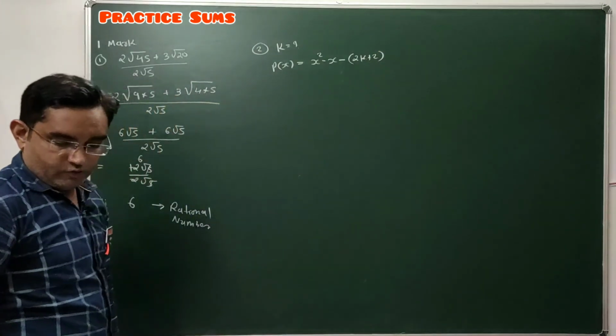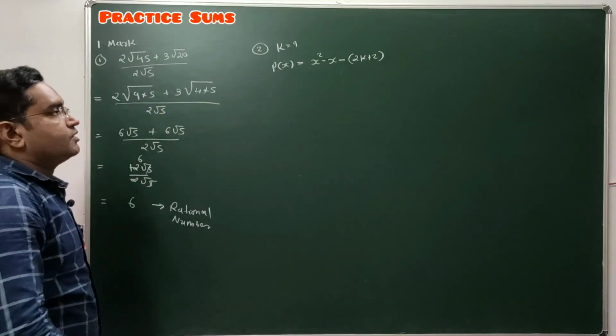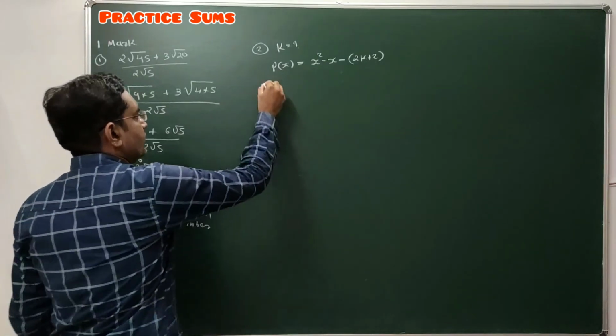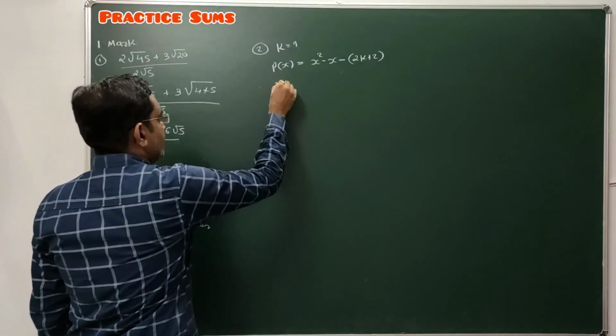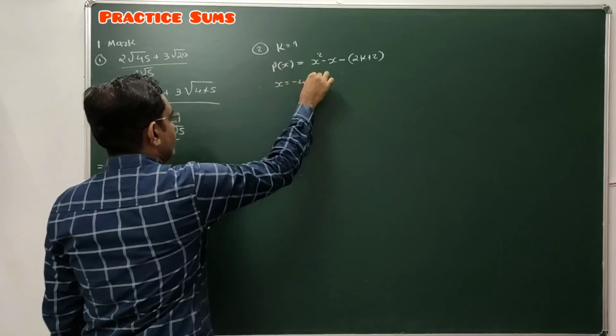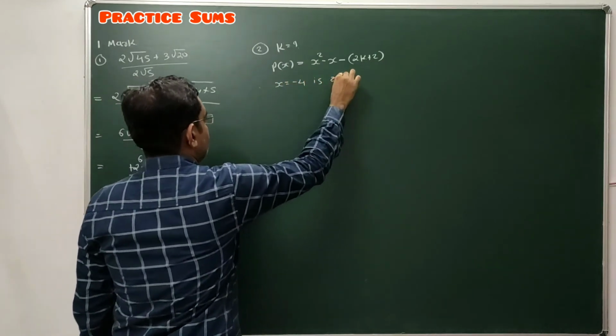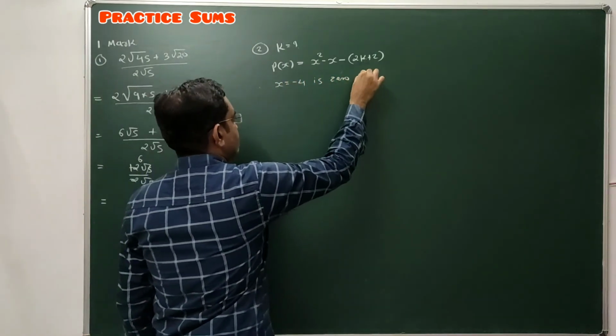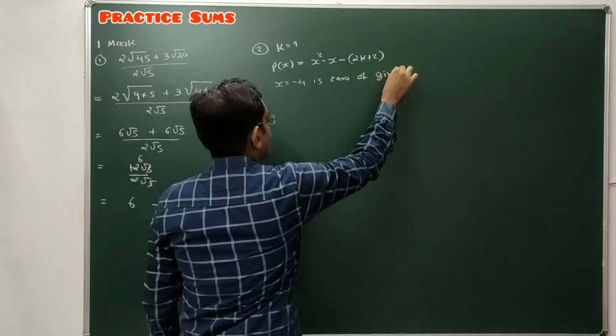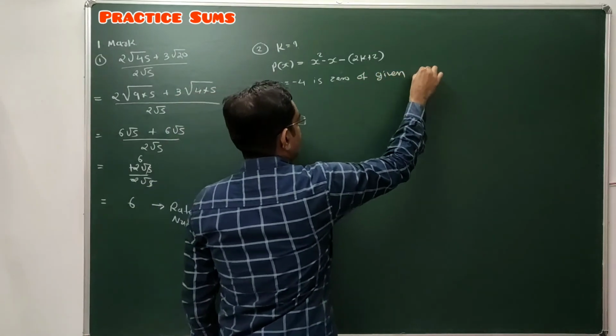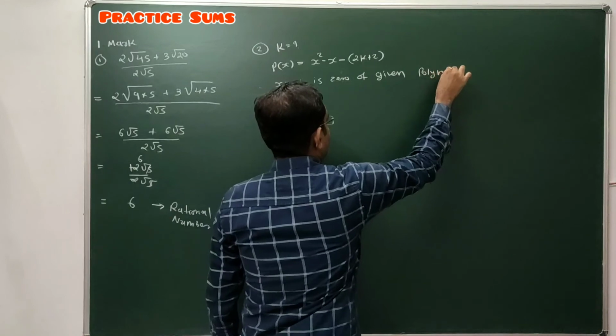For what value of k is minus 4 a zero of this given polynomial? Here you are given that x equal to minus 4 is a zero of the given polynomial.